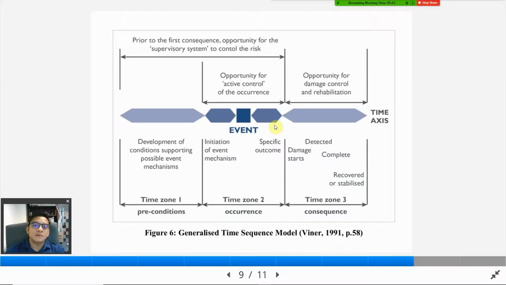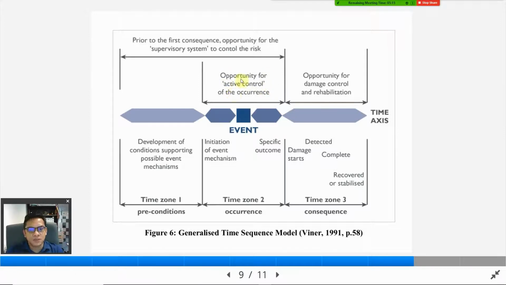But to explain this model, you use the above to prevent accident from happening. Okay, so this part is to prevent the accident from happening. Okay, this part, opportunity for active control of the occurrences, this is where the opportunity to control the accident from becoming worse.